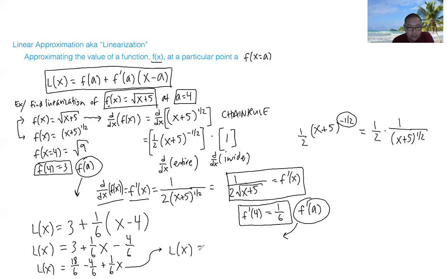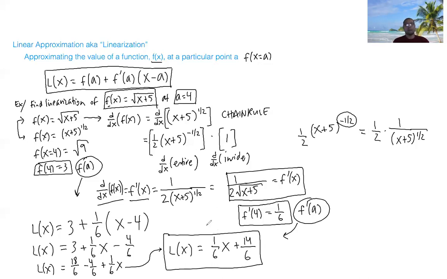L of x is going to be equal to, I'm going to put that x term first, 1/6 x, and then 18 minus 4 is just 14 over 6. This ends up being your linearization of x plus 5 to the 1/2 at a equal to 4.